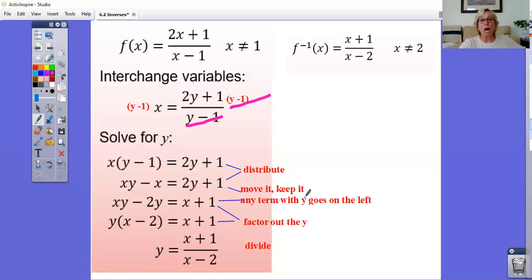Any term with a y goes on the left. So this term is going to stay. This term is going to move over to the right. This term will move over to the left, and this term will stay on the right. Once you get your y's on the left side, factor out the y, okay? Then you just divide by what's left, the x minus 2. And this is now your inverse.